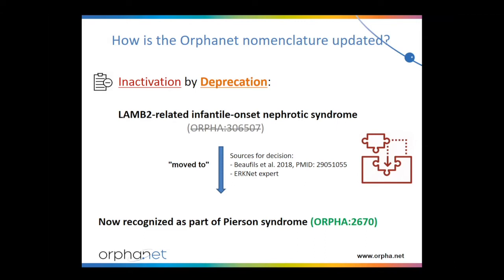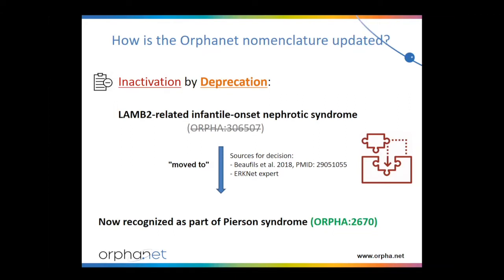However, the diagnostic scope of Pearson syndrome has evolved, and now only the renal involvement is considered as constant, whereas the ocular and neuromuscular changes are variable. Therefore, all patients with nephrotic syndrome and LAMP2 mutations are now diagnosed as Pearson syndrome.